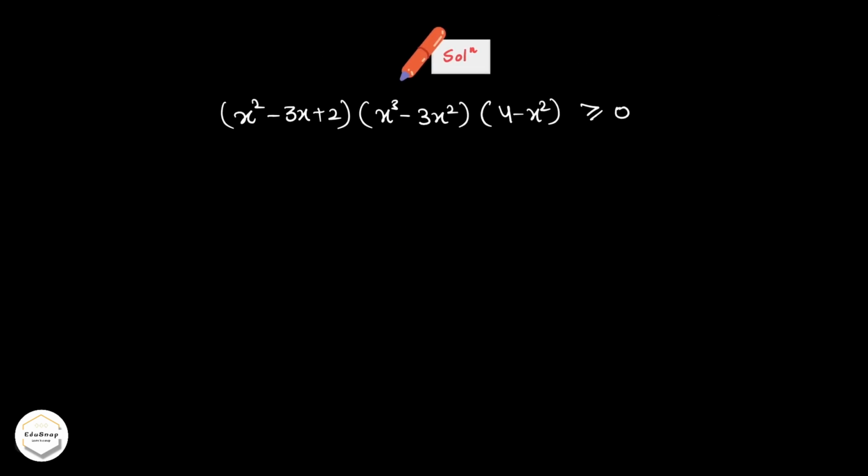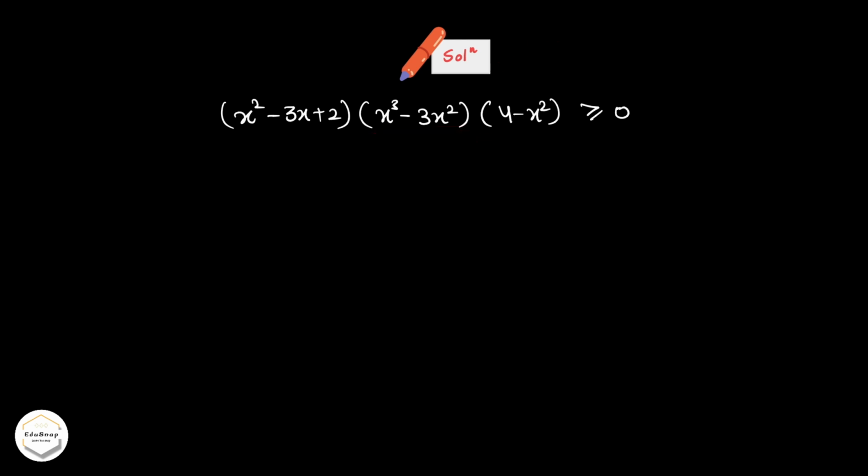First of all, if you observe one thing, here we have the inequality where we can factorize some of the things. If you observe here, yes, you can easily factorize, that is (x minus 1)(x minus 2). Next, you can take x square as common here. What do we have to do with this one?